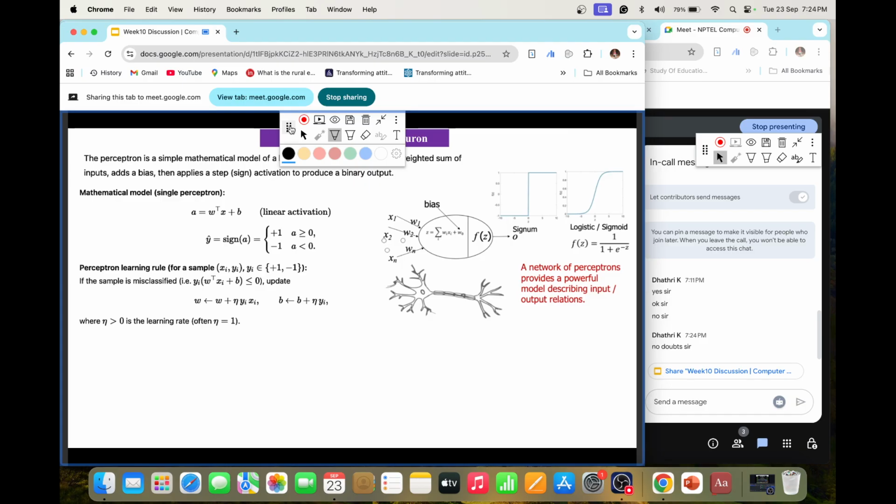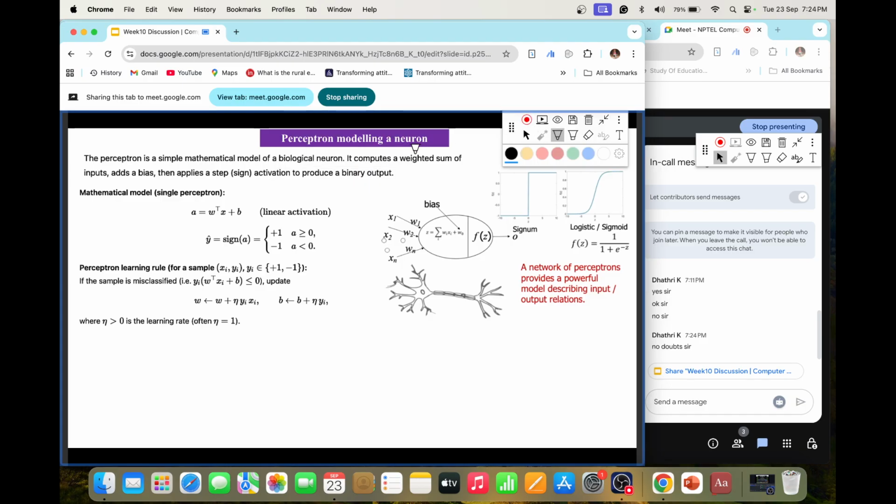Then we will see the perceptron modeling of a neuron. I have told you perceptron and neuron are very much the same, only the function will change. Earlier this function was a sign function, that is, either it will be positive or negative. If it is positive, we say it belongs to the +1 class, otherwise to the -1 class. But here, instead of that sign function, we have two popular functions.